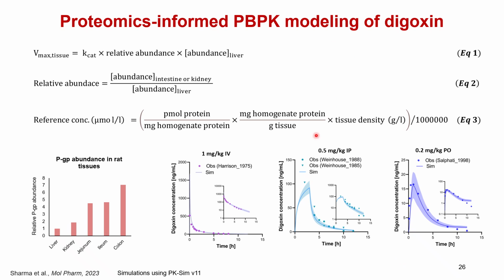In all these simulations, the observed and the simulated exposure was within twofold, which was our validation criteria. And in PK-Sim, there is an option to use the permeability rate limited tissues. For digoxin, the PGP transporter is involved and the permeability is low, so we use the permeability rate limited model in the PK-Sim software.